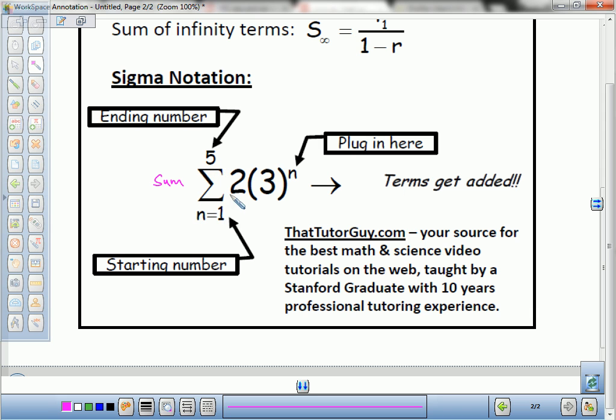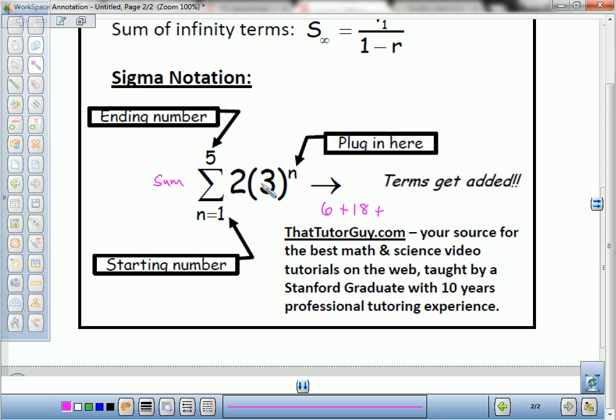And then how would we find those terms? We could just plug it in. Let's do that, and then I'm going to show you how that ties into what I would do if I wanted to use the shortcut formula. All right, so if I plug in 1, I get 2 times 3, and 2 times 3 is 6. If I plug in 2, I get 2 times 9, 18.